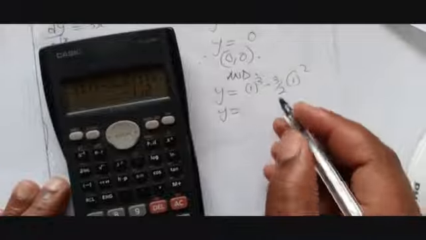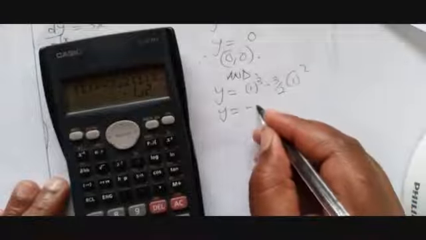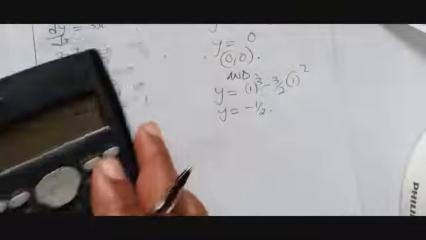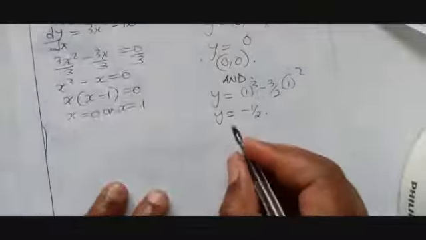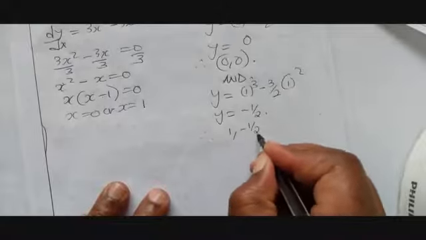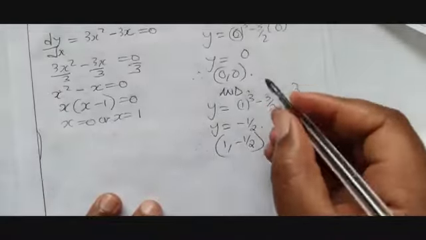You get negative 1 over 2. Meaning that the coordinates are 1 comma negative half. So these are the coordinates of the stationary points.